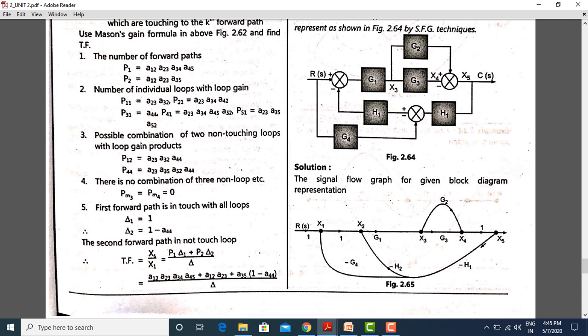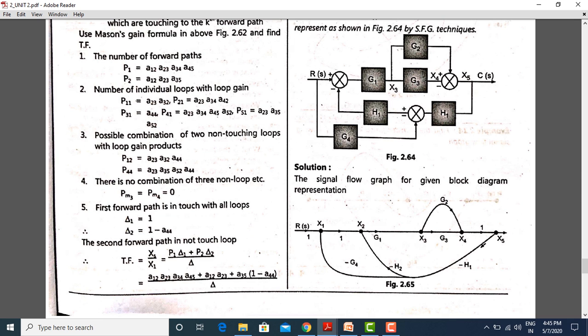One takeoff point, 1, 2, 3, 4, 5, 6. So 1, 2, 3, 4, 5, and we have taken here one node, output and input. Dummy nodes we have added.